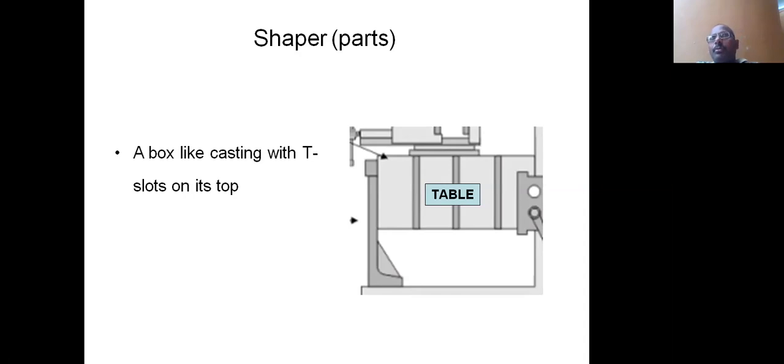What are these particular grooves? These are the T slots. So this table consists of T slots on the top portion. The purpose of providing T slots is to attach the job to this table, either directly or with the help of the vise.